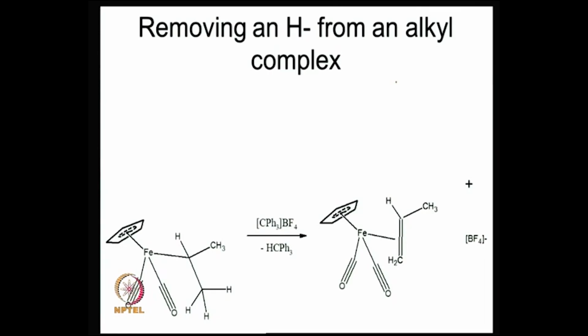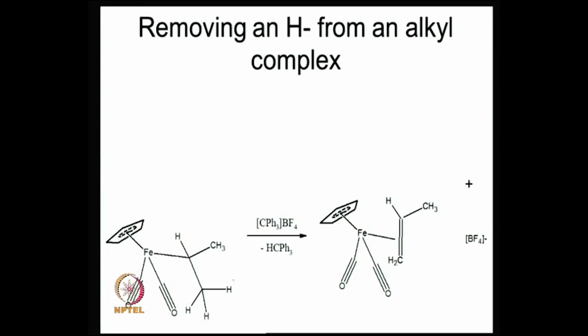Now, let us move on. There is one unusual method of synthesizing metal olefin complexes, and this is by removing a hydride ion. The trityl cation is a cation which is stabilized by the presence of 3 phenyl groups, and this can abstract a hydrogen atom.